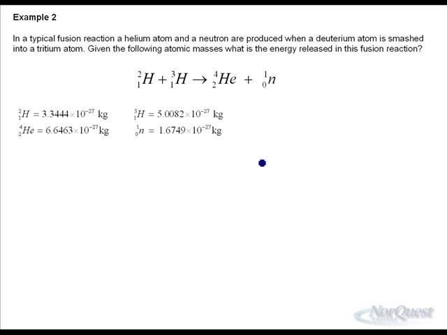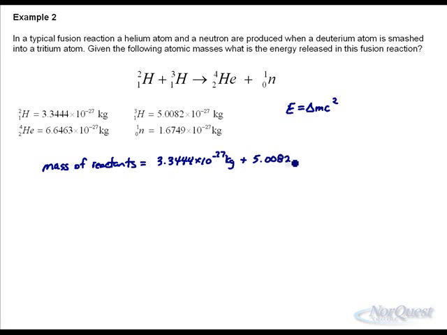So again, we do this the same way using Einstein's formula: E equals change in mass times speed of light squared. Let's start again with the mass of reactants. So that's going to be the 2 hydrogen, 3.3444 times 10 to the negative 27 kilograms plus 5.0082 times 10 to the negative 27 kilograms.